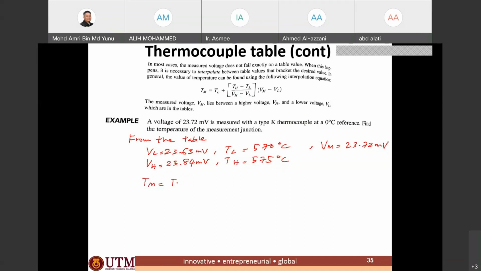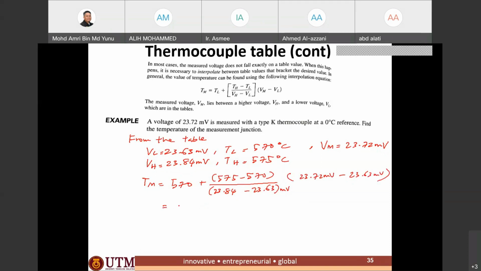This equation, TL, will be 570 plus 575 minus 570, divided by 23.84 minus 23.63 millivolt, multiplied with 23.72 millivolt minus 23.63 millivolt.